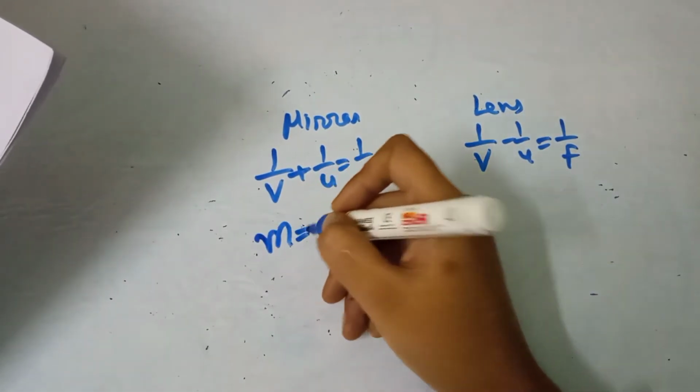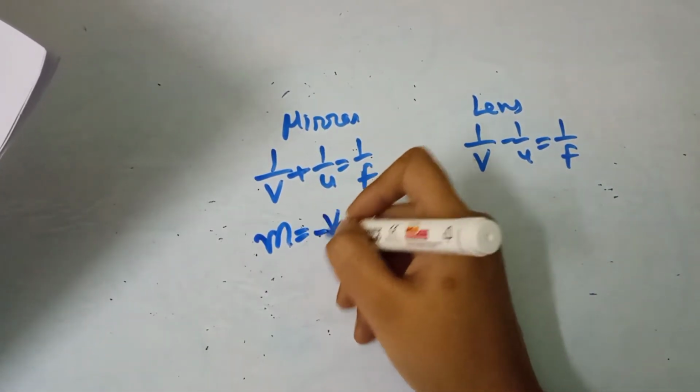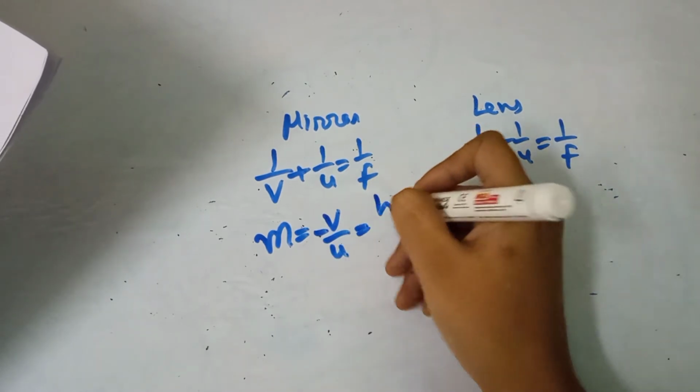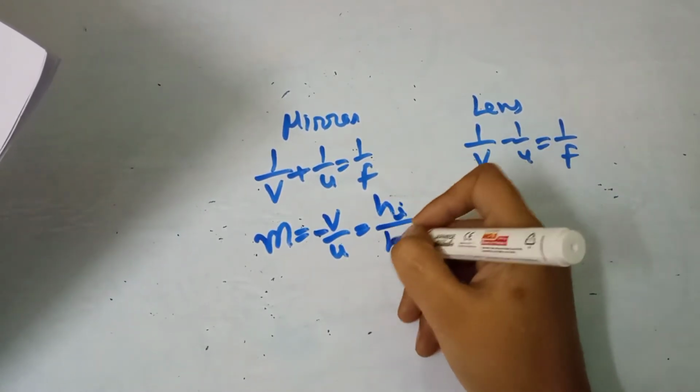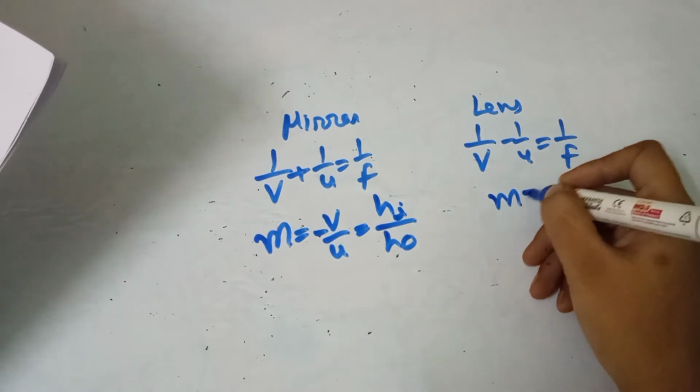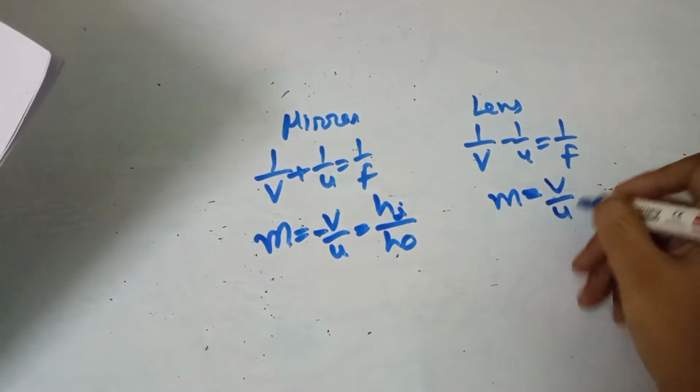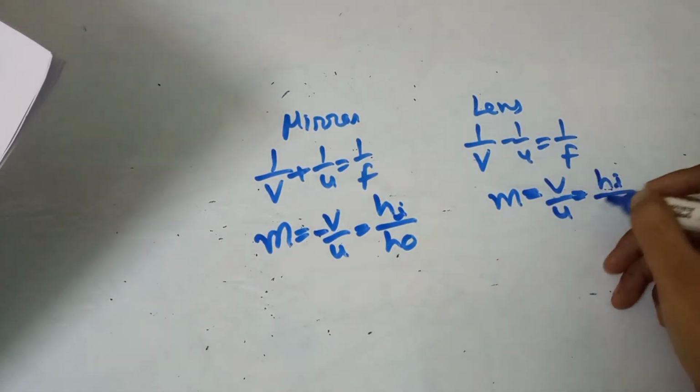And the magnification is equal to minus v/u is equal to h image by h object.